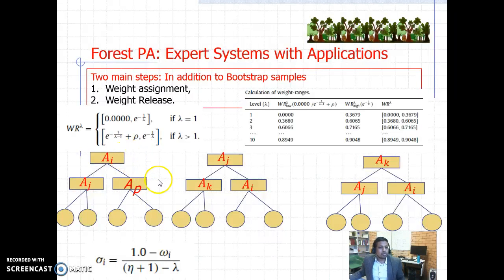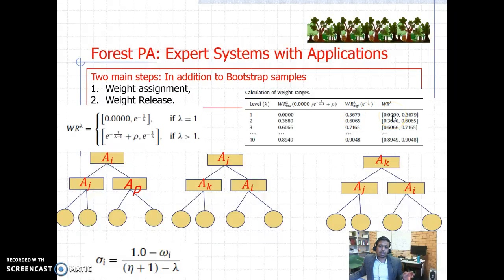So how do we do this? First we build the first bootstrap sample, build a decision tree, and then if the attribute is chosen at the root node, then we assign a weight which varies within the range of 0 and e to the power minus 1 over lambda. Lambda is the level. If it is the root node, then lambda is 1. That means the range of the weight assigned to the root node will be between 0 and 0.3679.